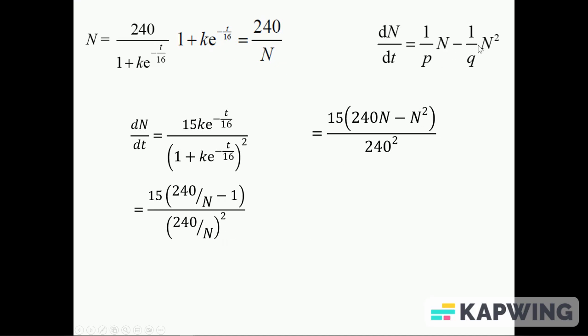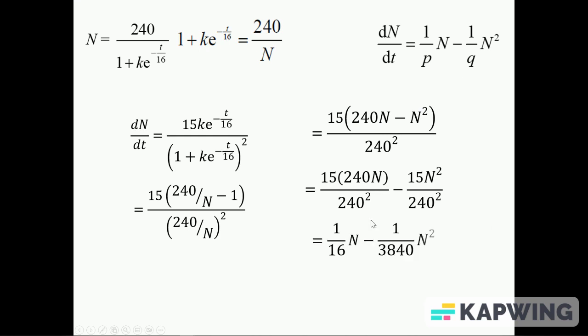And then finally, to break it up into this form, I need to separate the bracket out. So 15 times 240n over 240 squared, and then minus 15n squared over 240 squared. And if I cancel that down, 15 over 240 divided by 240 squared gives me 1 over 16, and the 15 over 240 is 1 over 3840.